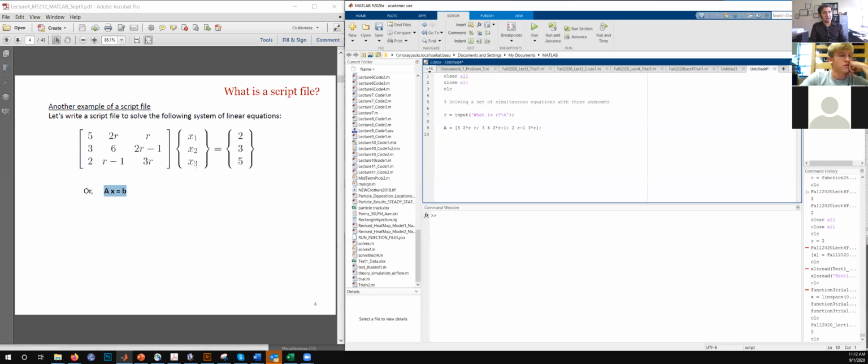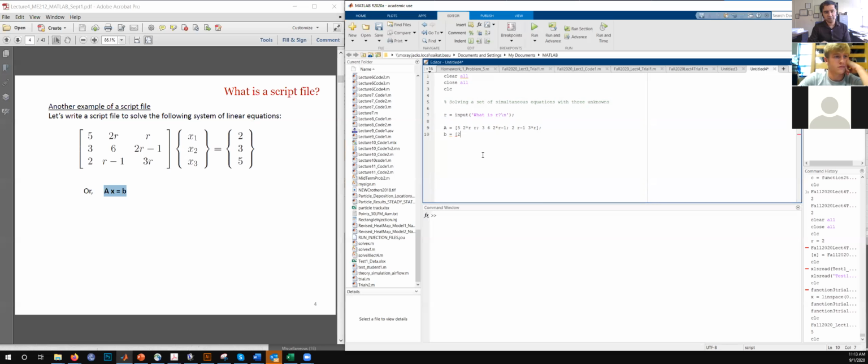So we don't need to tell MATLAB anything about it yet, but we do need to tell MATLAB what the right-hand side values are. So B is a column vector, right? So after I plug in this first element 2, should it be 2 space 3, or should it be 2 semicolon 3?